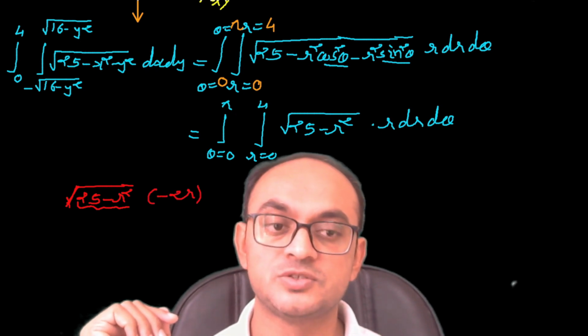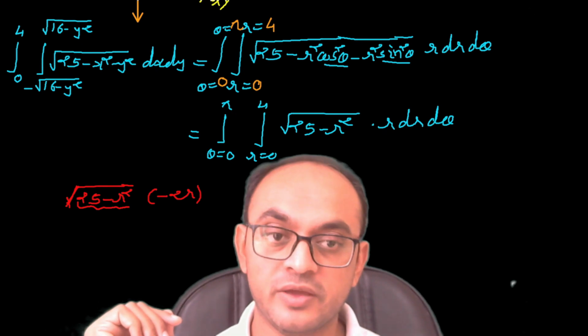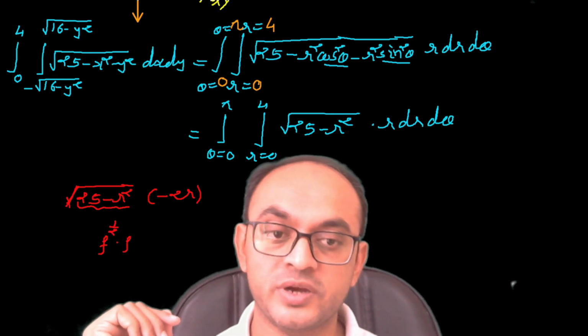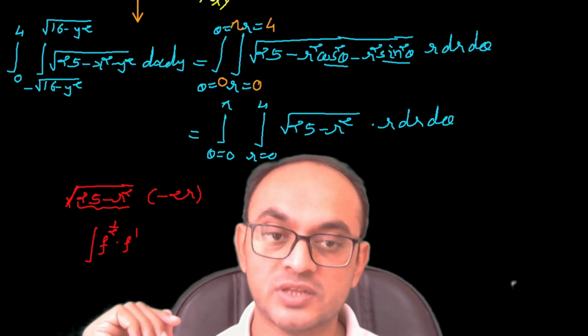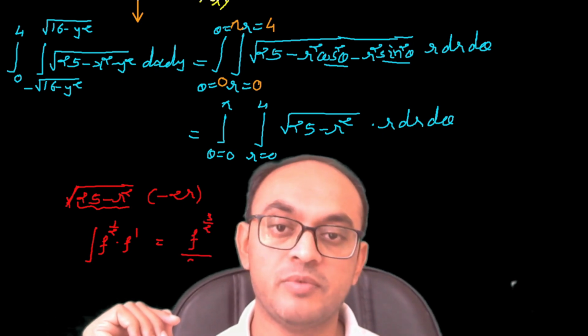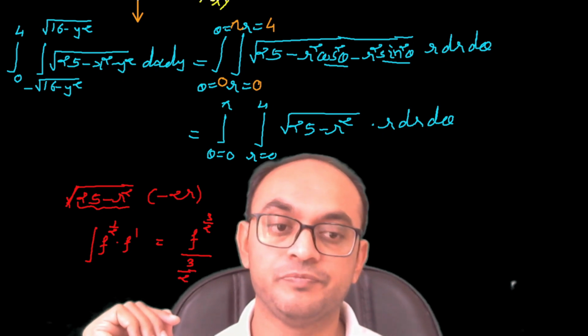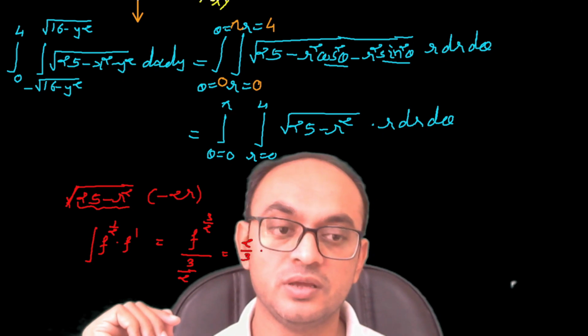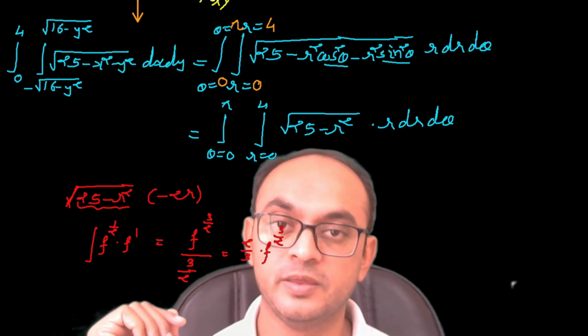It is minus 2r. Right, if I have a function f, its square root into its derivative f dash, then what is the integration? This is nothing but f raised to 3 by 2 divided by 3 by 2, which is nothing but 2 upon 3 f raised to 3 by 2. Clear?